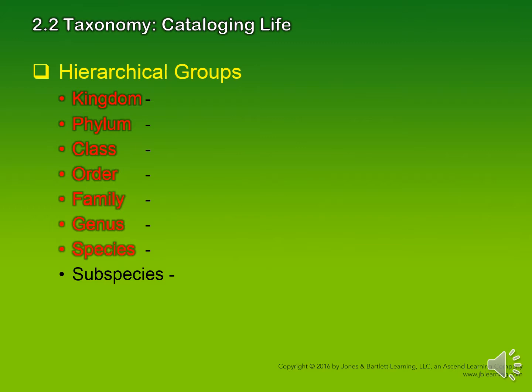Now, to try to give you an overview of what this actually means, the kingdom could be something like department stores. Okay, so that's the big picture of what's going on. The phylum might be the watch counter. The class could be men's watches, which would all be in a department store.